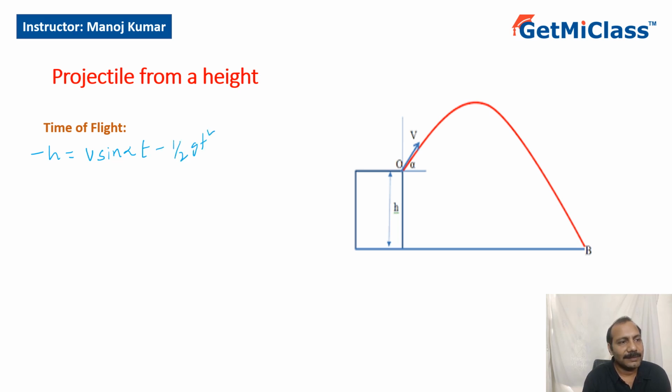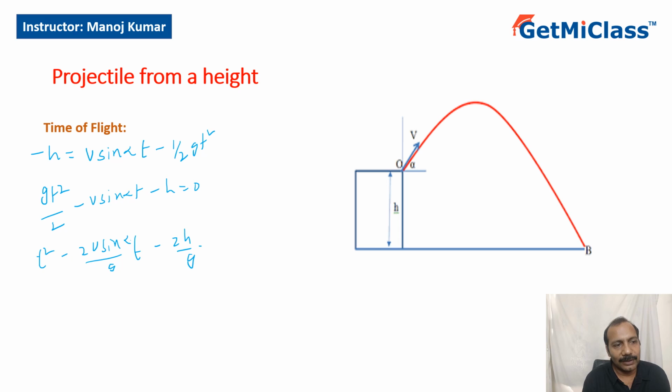Let me convert it into a quadratic equation with the coefficient of t square to be 1. I'll write it as g t square by 2 minus V sin alpha into t minus h equal to 0, or we can write it as t square minus 2V sin alpha by g into t minus 2h by g equal to 0. Now t equals minus b plus or minus root over b square minus 4ac.